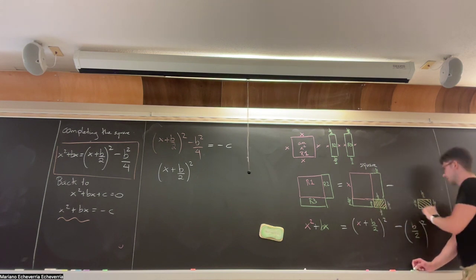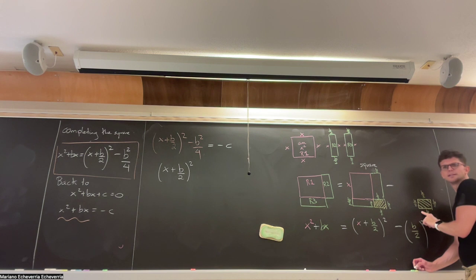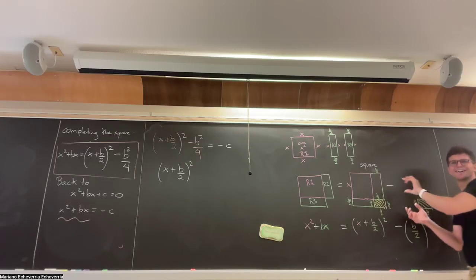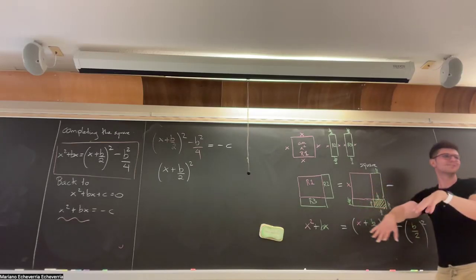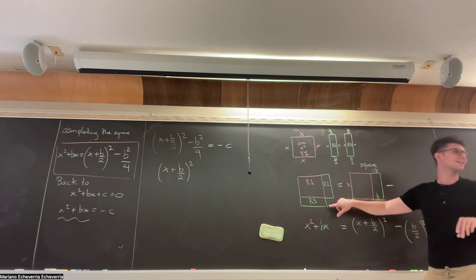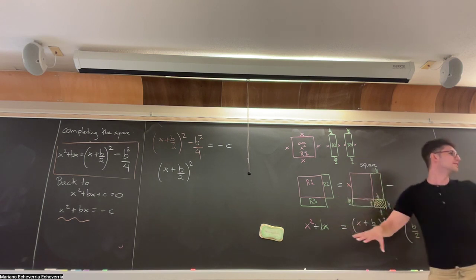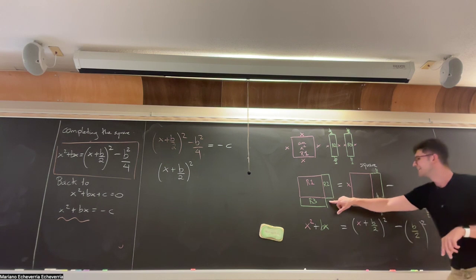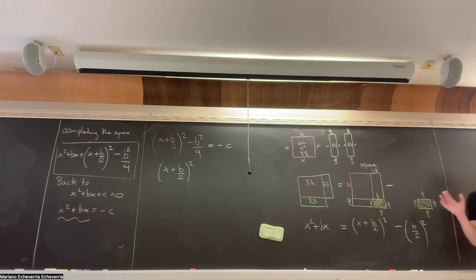But if you complete the square, you have to take it back. Think about it as a mini square tile: you're putting tiles on a room, and you had to add a tiny tile to complete the tiling of your room. And this area just happens to be b squared over 4.